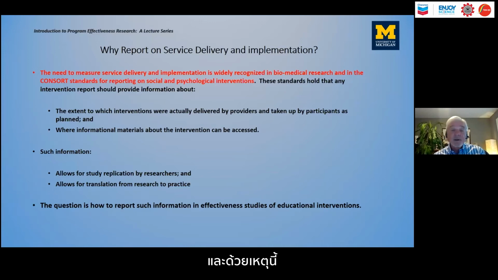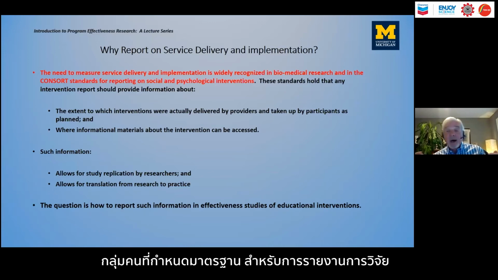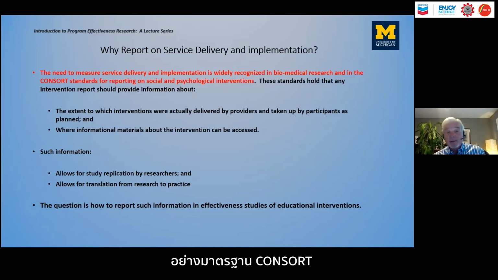As a result, bodies that are setting standards for research reporting, like the CONSORT standards, require that reports include information on treatment delivery and implementation.